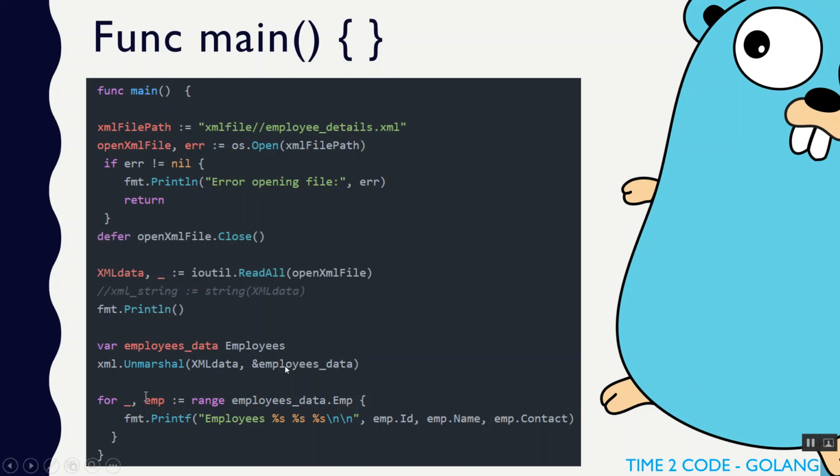And then because employees has two employees, and I want to read each of them separately, you are using a for loop where you have taken a key and then employee data, reading it and then printing it.